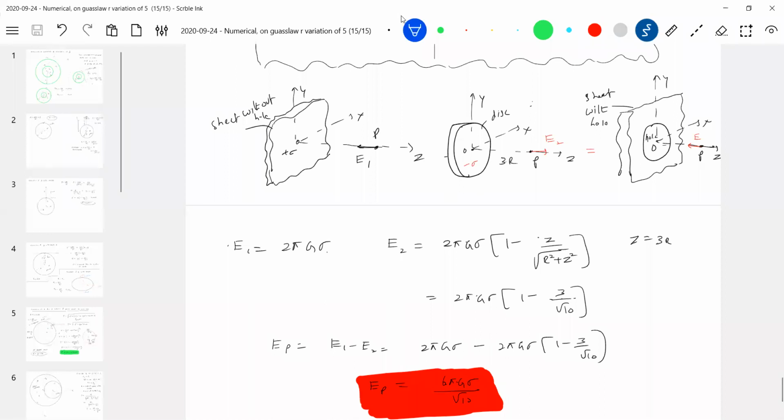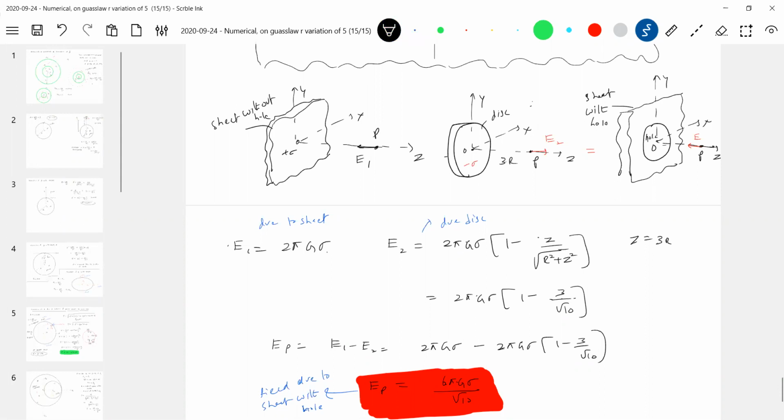What is this equation? Due to this, this is due to the sheet. Field due to a sheet with a hole. See, even for a teacher, if I don't know the formula, what happens? I should derive it and waste time. So it is very essential that we have minimum memory.